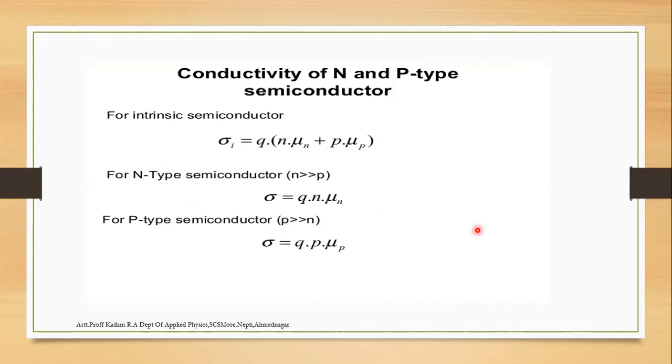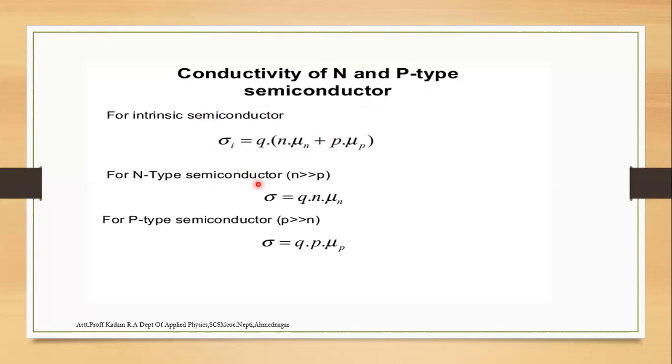This conductivity relates to the N type and P type semiconductors, and to the intrinsic semiconductor. For the intrinsic semiconductor, sigma i is Q times N mu N plus P mu P.